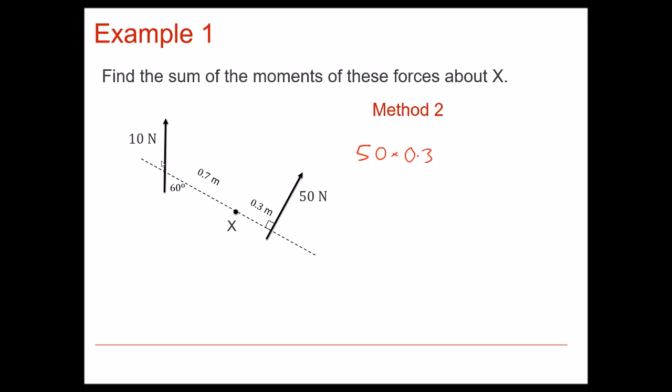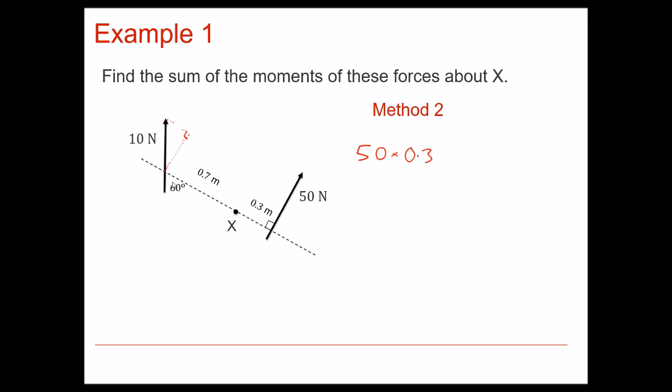But this time what we're going to do is think about the component of this force, the component that is perpendicular to the line between this point and the point that we're calculating a moment about.